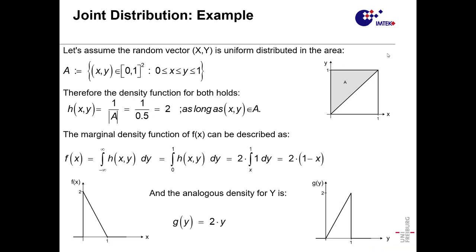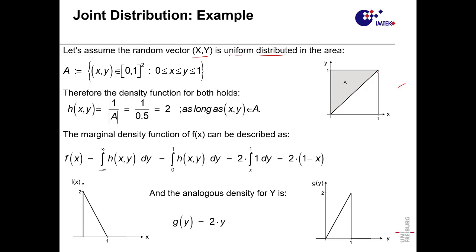As always, let's say that we have a joint distribution, or a bivariate random vector with components x and y, right? And it's uniformly distributed, and it's such that it's like we see here in this figure. So x goes from 0 to 1 and y goes from 0 to 1, and it's related by this line here, okay?